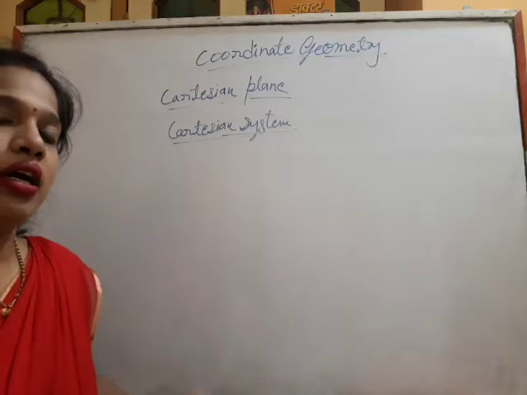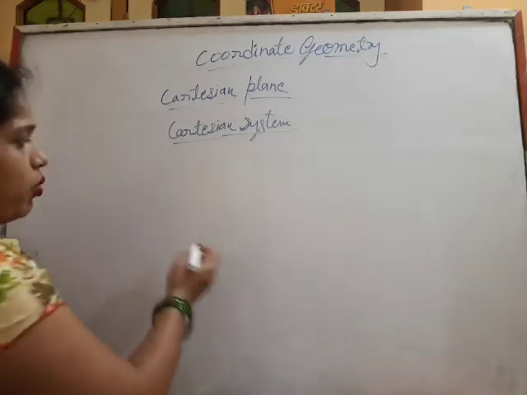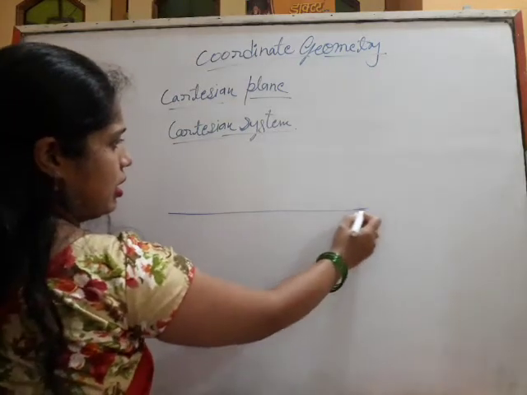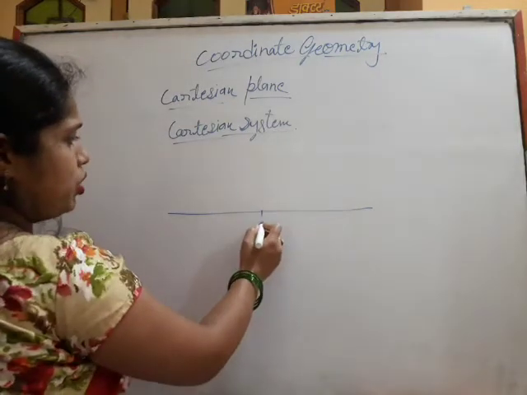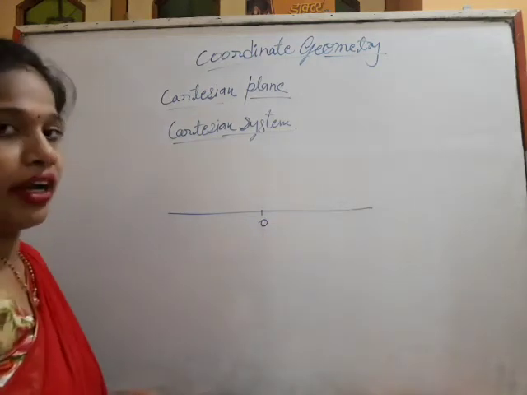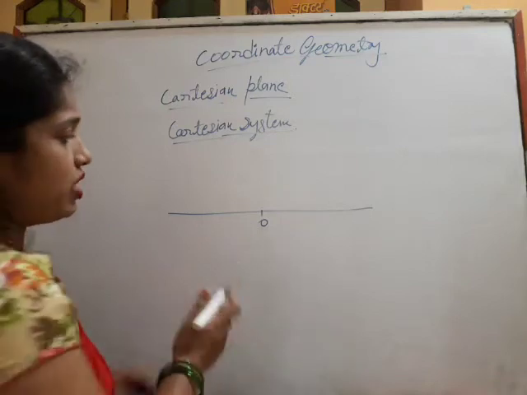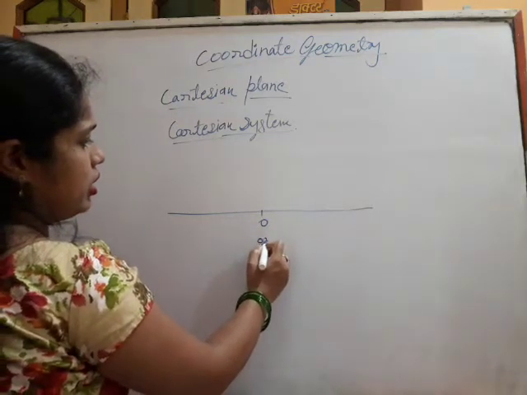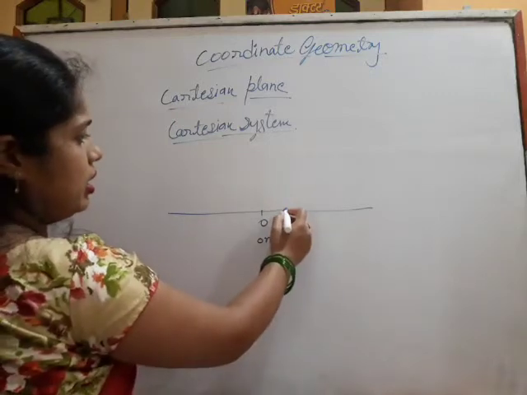Students, in the number system you have studied about the number line. What is a number line? A line which consists of numbers. You know that the number line is divided into two parts with the help of this O. And what is this O actually? This O is nothing but the origin.